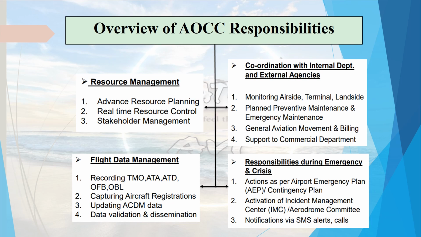AOCC is also responsible for activation of the IMC, that is the Incident Management Center, or the Aerodrome Committee, by sending timely notification to all the stakeholders regarding the emergency. So this department is responsible for activating the emergency messaging system. It is AOCC that is responsible for sending notification to all the stakeholders regarding any emergency taking place at an airport.